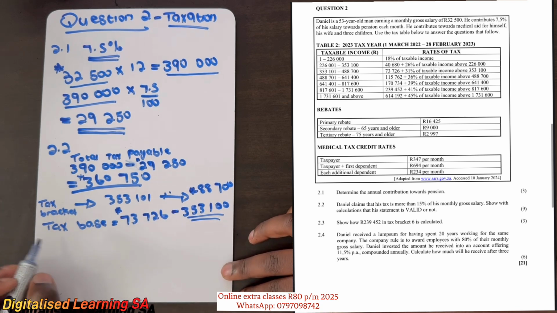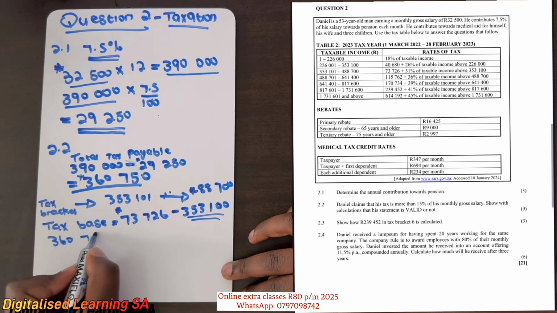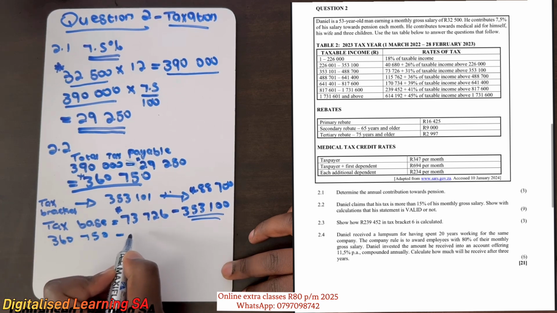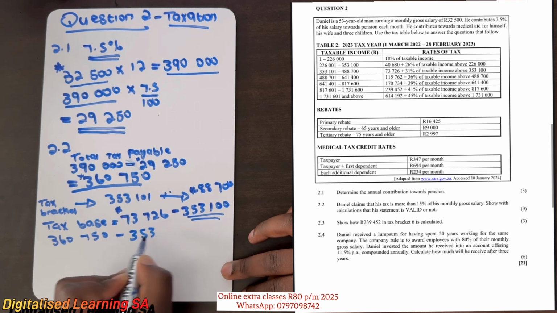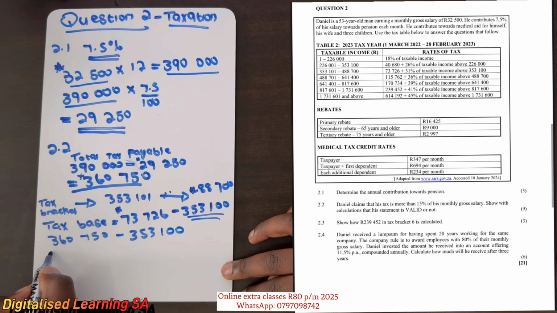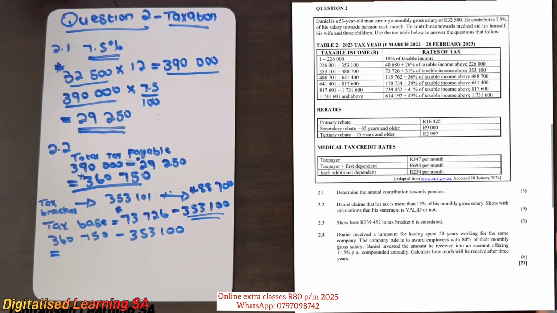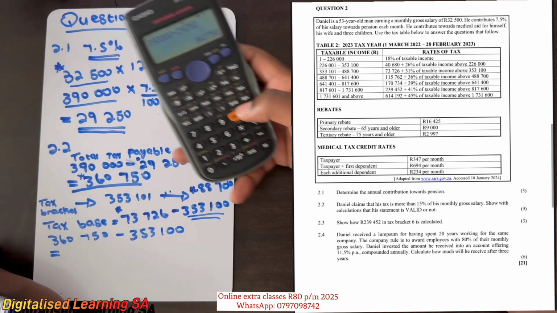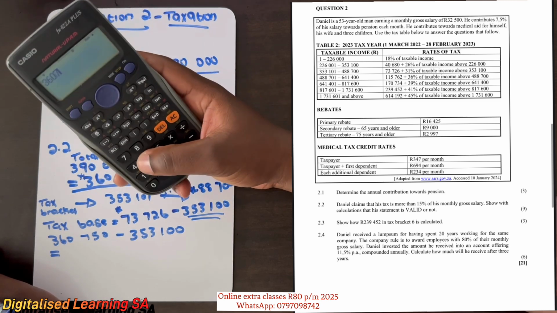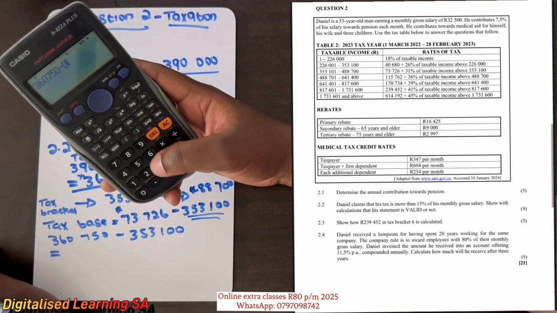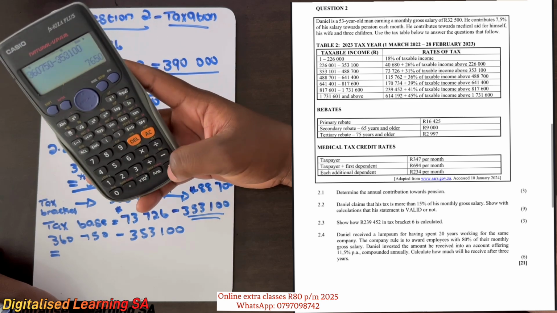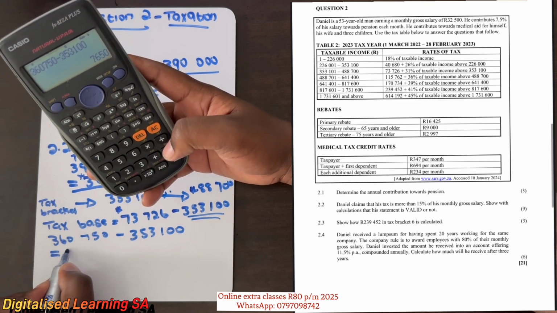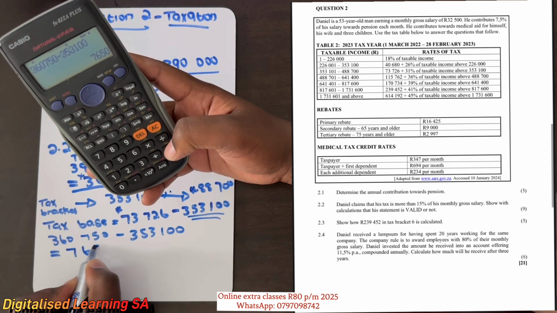To get how much tax we still need to calculate, we say 360,750 minus what has already been calculated for us, 353,100, and our answer will be 7,650.